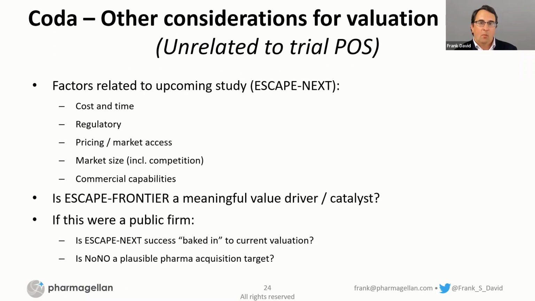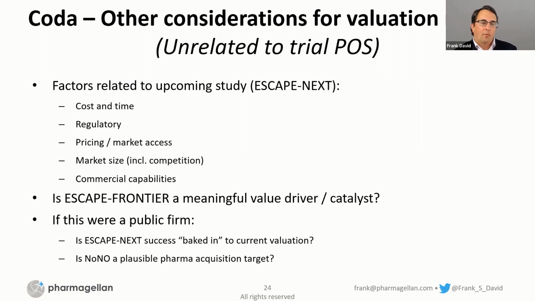That would be something that would be worth talking to physicians about. And then finally, there's a commercial capabilities question in terms of, are these guys going to be able to commercialize this themselves, or are they going to have to partner? And if they do try to commercialize themselves, can they really do it at the sort of speed and intensity that you might build into a model if it were owned by Biogen or Pfizer or something like that?